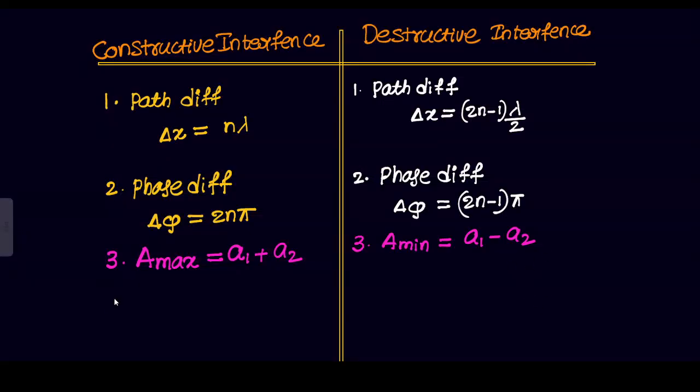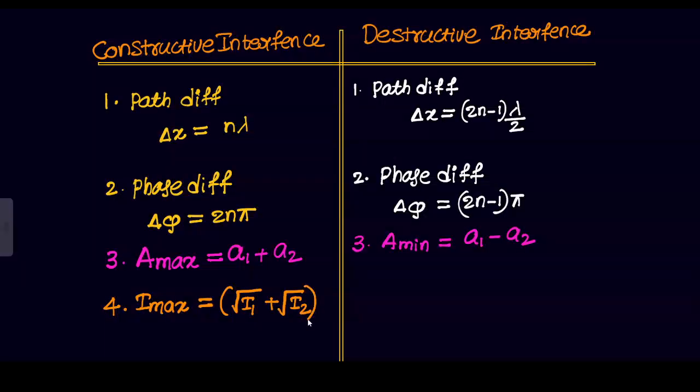Next, the maximum intensity I max is equal to square root of I1 plus square root of I2 whole square.